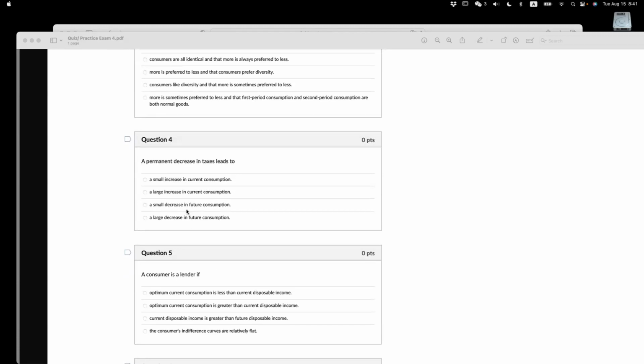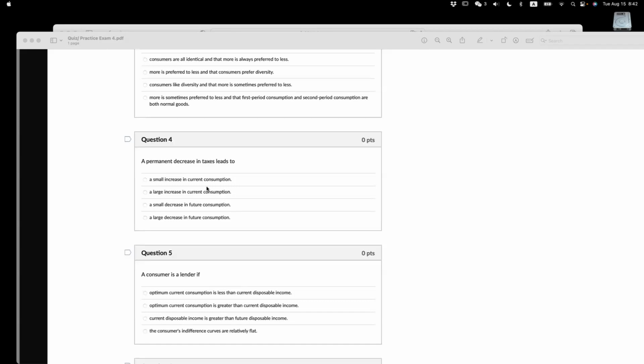Question 4: a permanent decrease in tax leads to a large increase in current consumption. This is because the decrease in tax is permanent, meaning not only today but also tomorrow, and the day after tomorrow.